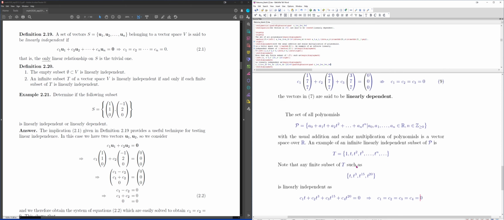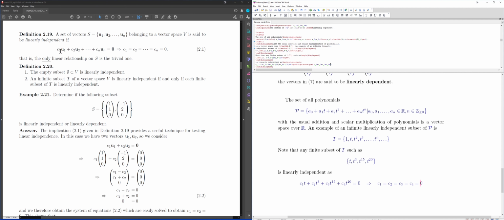So if I look at any finite subset here, for example, if I take t cubed, t to the 15th, and t to the 20th, that's a finite subset of this infinite subset. And I use the same sort of test for linear independence. So it's a scalar times the vector, and the vector here is t.